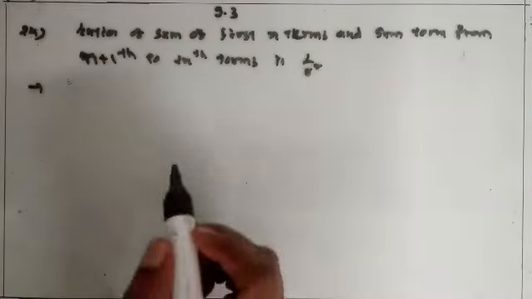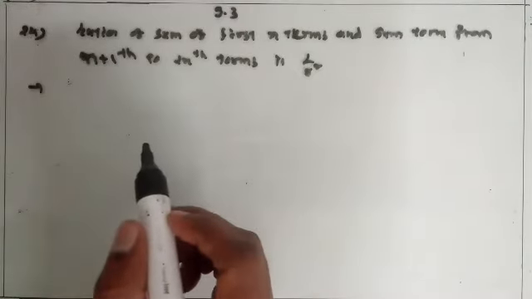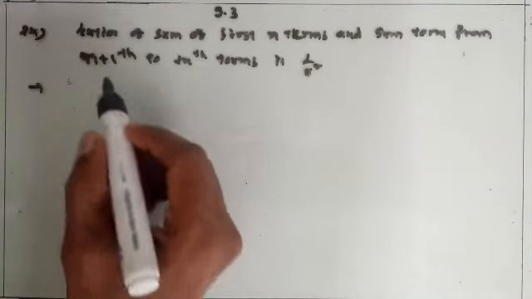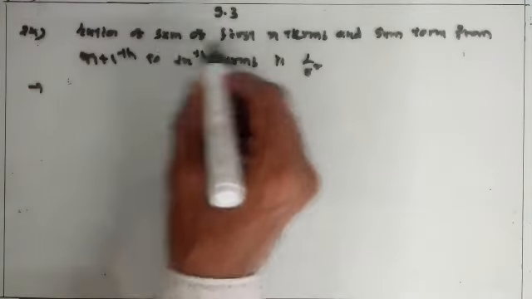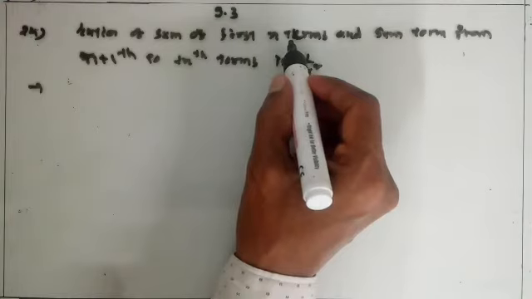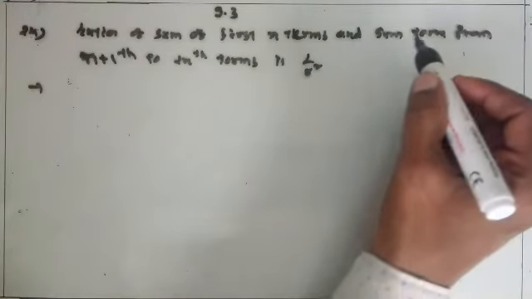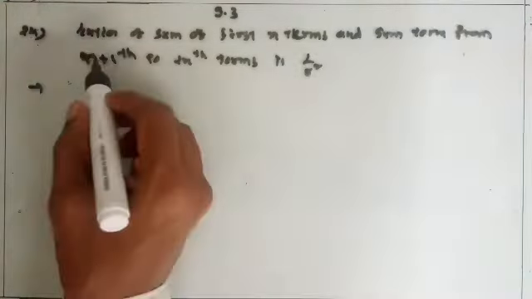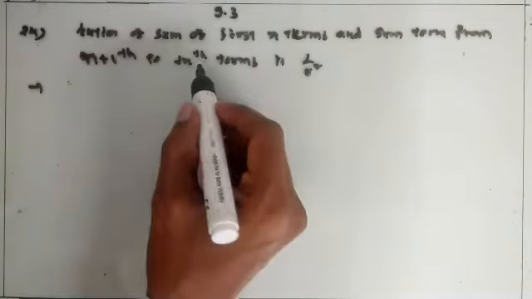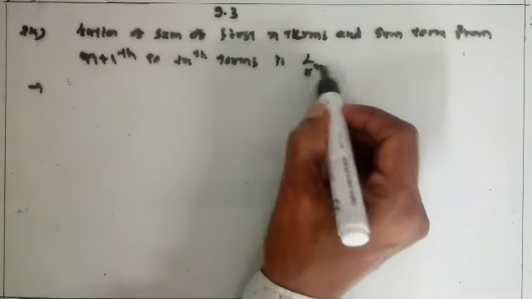Remember this here: for the given geometric progression, we want to show that the sum of the first n terms upon the sum of the terms from n plus 1 to 2n terms is equal to 1 upon r raised to n.